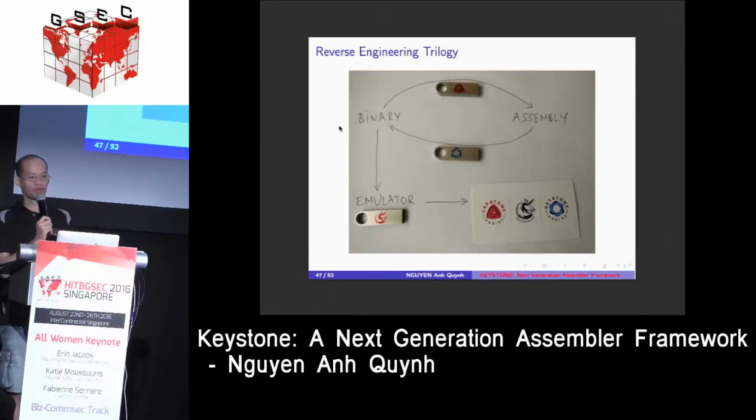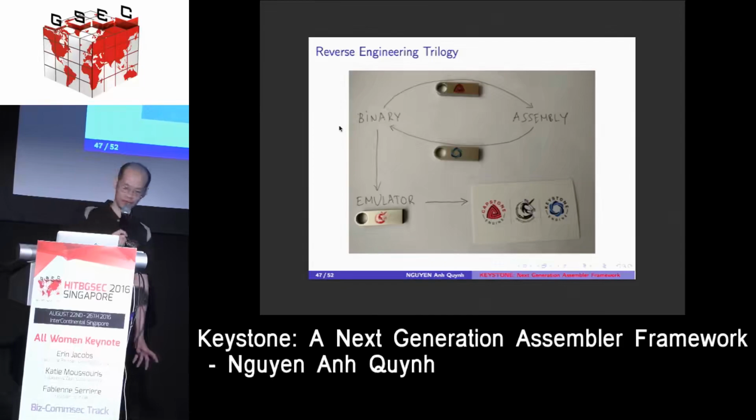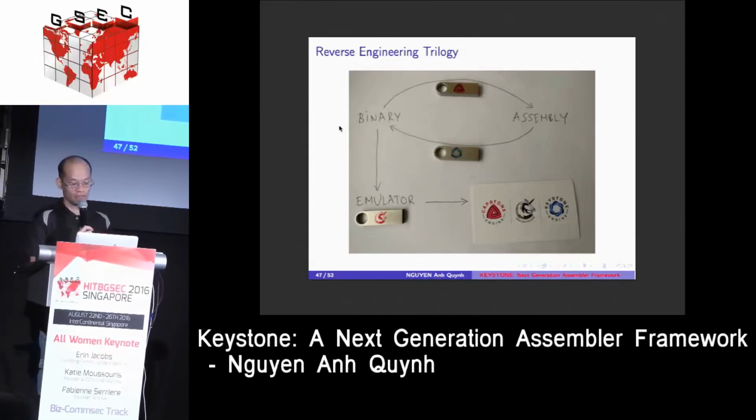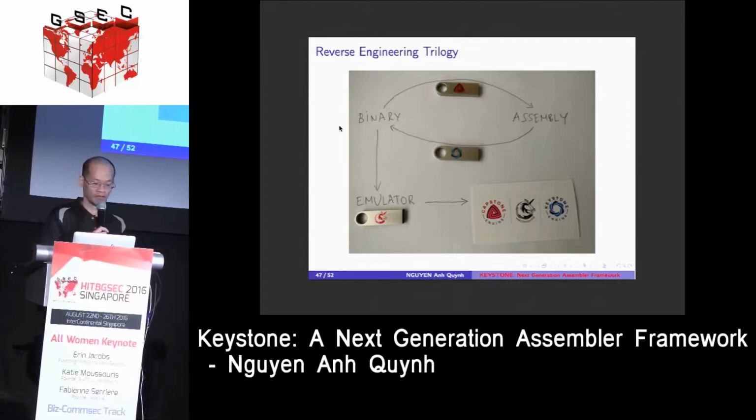Here is the full picture again. We have Capstone to reverse from binary to assembly. You have Keystone to compile assembly back to binary. So you can manipulate the binary, and the binary can be sent to the emulator to emulate it, so you can really understand what is happening inside the code.